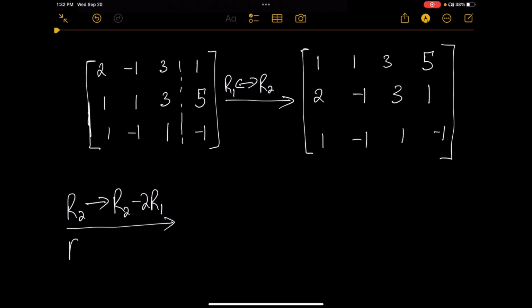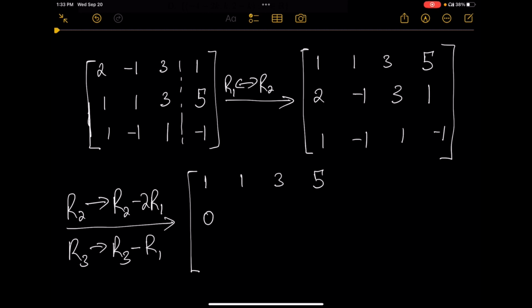And row 3, what do we do? Row 3 we take to row 3 minus row 1. Row 1 is 1, 1, 3, 5, and row 2 will be negative 2 times row 1 added to row 2. So 2 plus negative 2 is 0.